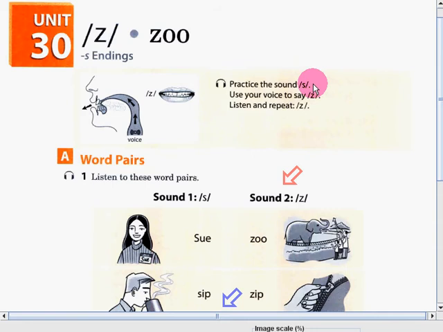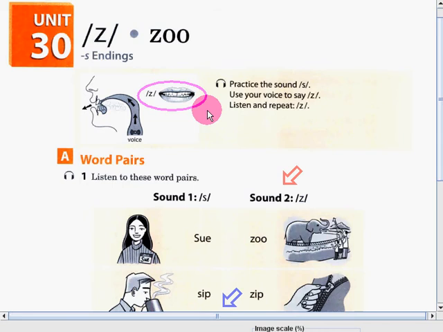Say S, S, S. Okay, from that positioning of your mouth, try to use your voice to say the Z sound, but to make sure that you will produce the sound correctly, place your finger on your throat and try to do like this. Z, Z, Z. Did you feel the vibration?